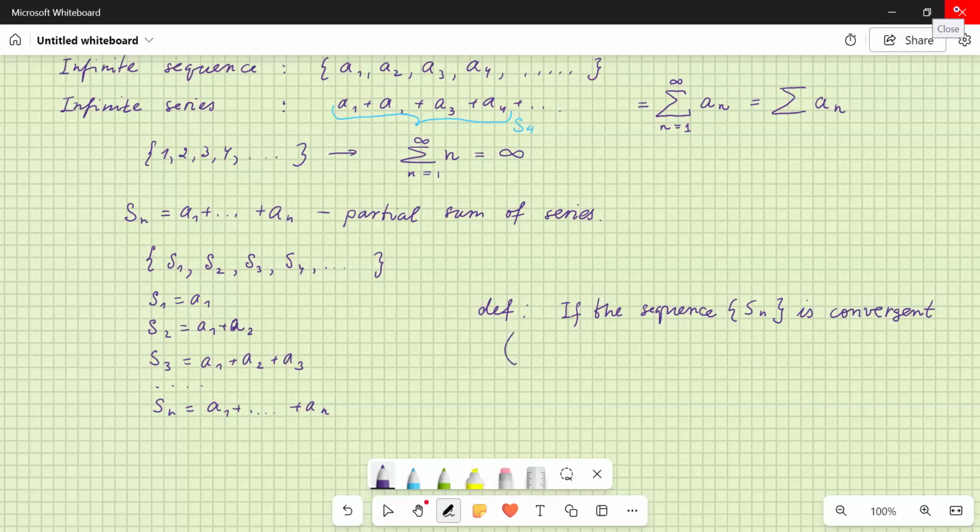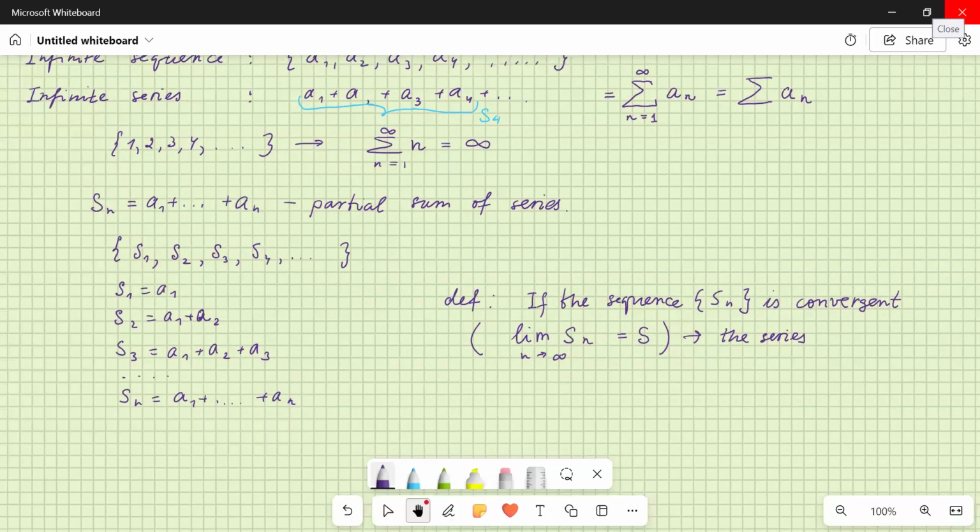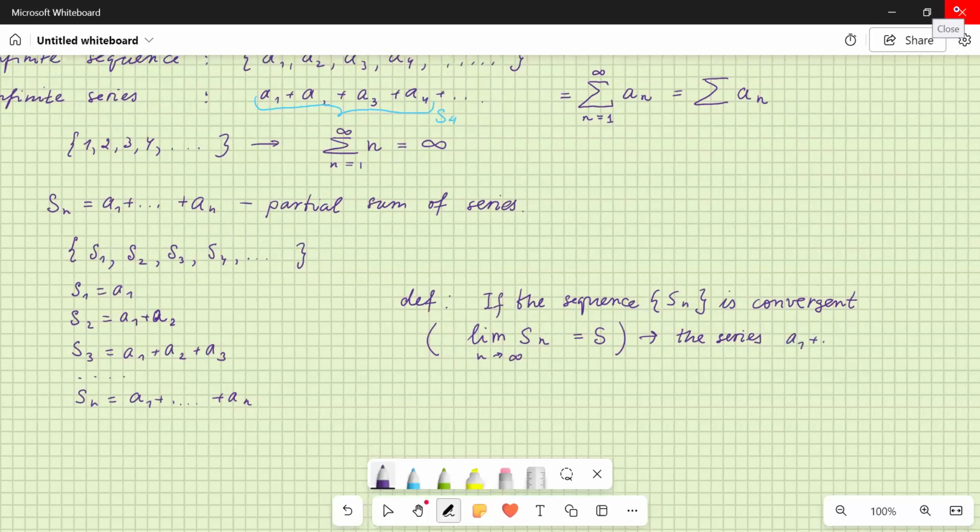I'm going to put in parentheses what it means. It means that there is a limit of this sequence when we bring n to infinity, and it equals a certain number. Then we are going to say that the series A1 plus up to An is going to be convergent to that sum.